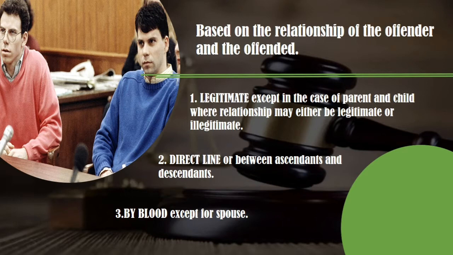So there is no parricide in the killing of brothers and sisters. This is because the relationship between brothers and sisters is collateral. Then the third is by blood, except for the spouse. There is no parricide in the killing of the adopter by the adopted or vice versa, because the relationship is not by blood.